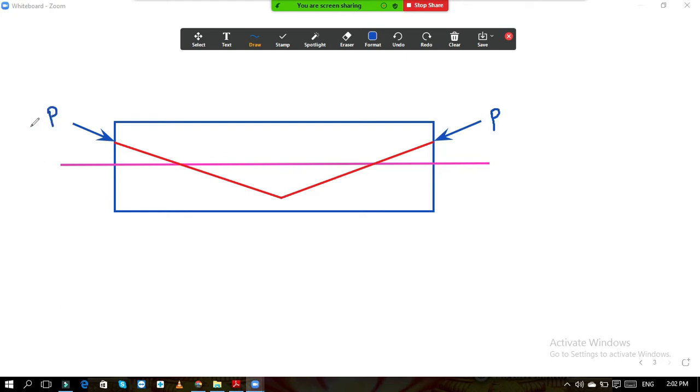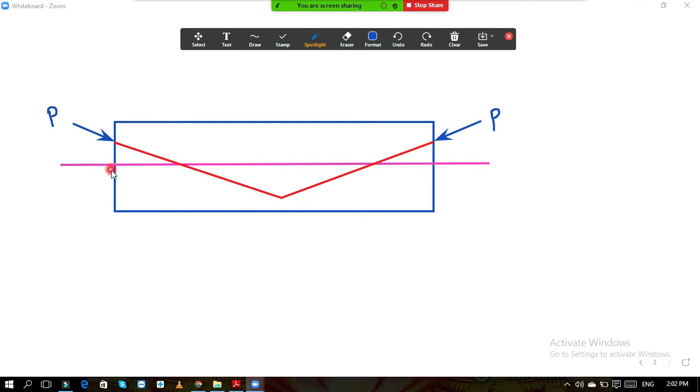Now let me know what is the change between the previous numerical and this numerical. What is the change? If you see, in the previous numerical, this bent bar was meeting at this end, so here it was coinciding with the neutral axis. So eccentricity at the end was zero.